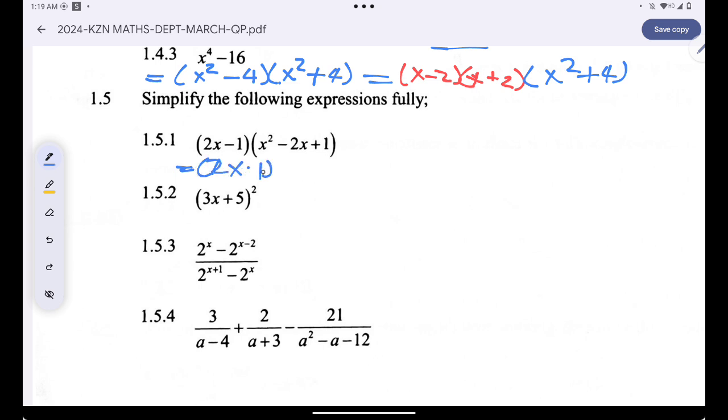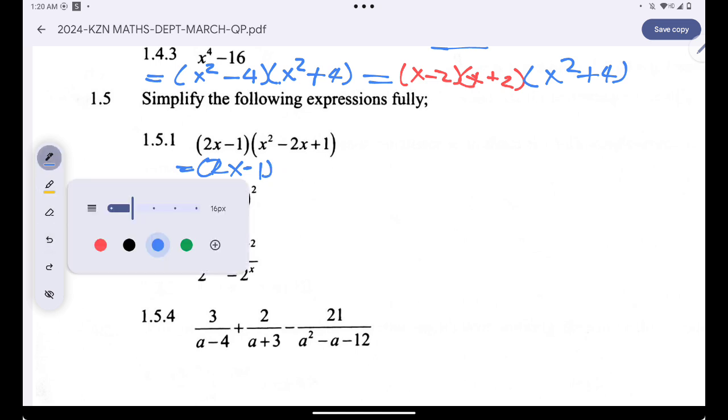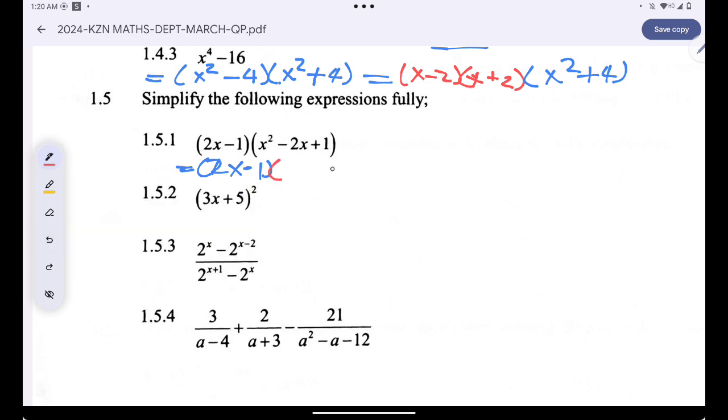The first bracket is already simplified. I just need to factorize the second one. The factors of 1, that's when I add, will give me 2. Those are just 1 and 1.